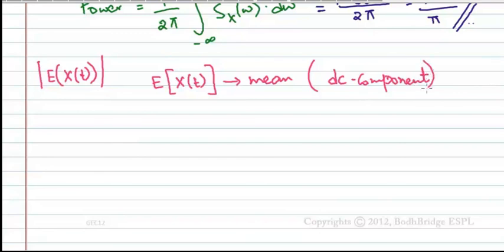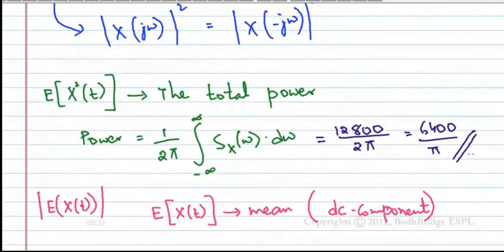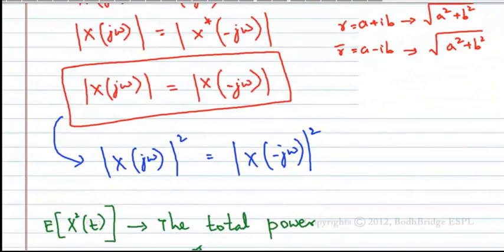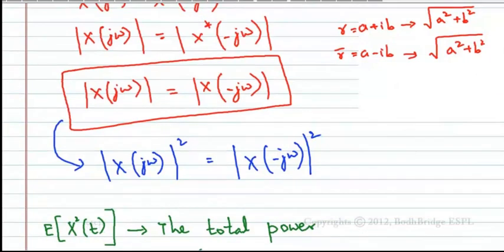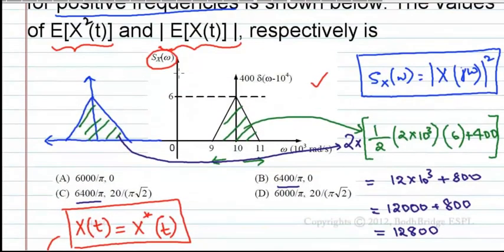From the power spectral density, what do you see? Power spectral density is mod x of j omega square. It indirectly gives mod x of j omega also. Therefore, from mod x of j omega square, what do we see here? At omega is equal to 0, the value is 0.